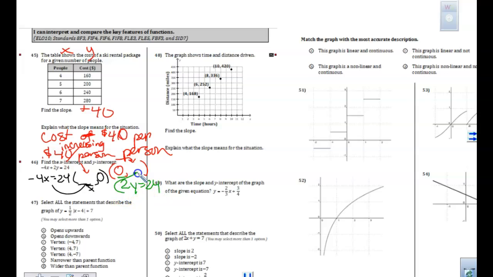Again, it's pretty easy to get 12 for that one. And this one is pretty easy to go, oh yeah, negative 6. But it's okay if you remember the C divided by A or C divided by B. If you don't, just remember that intercepts mean that the Y was 0 here, and here it means that the X is 0.